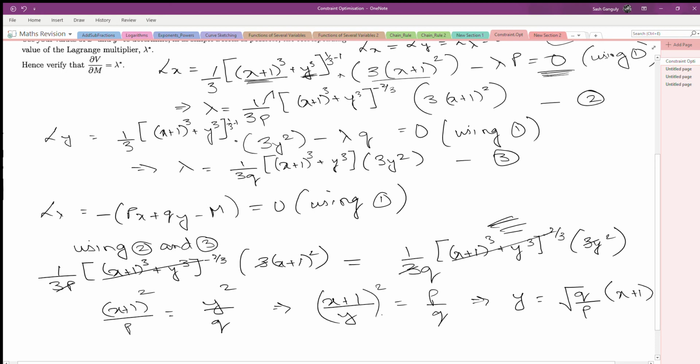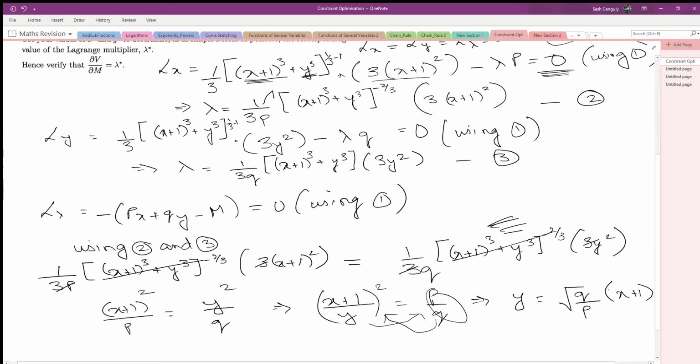So if I take square root on both sides, and if I bring y on the right hand side and this p by q on the other side, it will just become a reciprocal. So q by p by q becomes q by p, right?